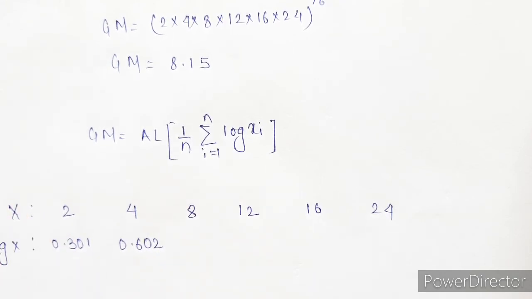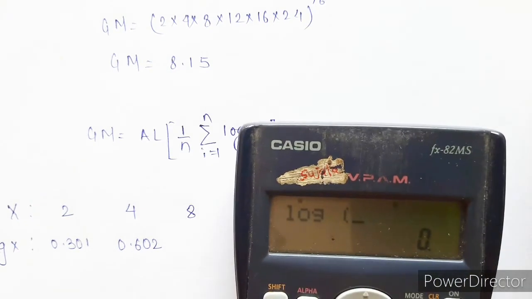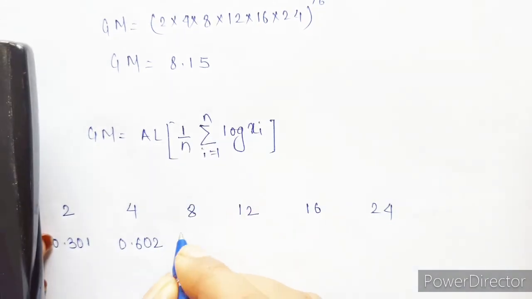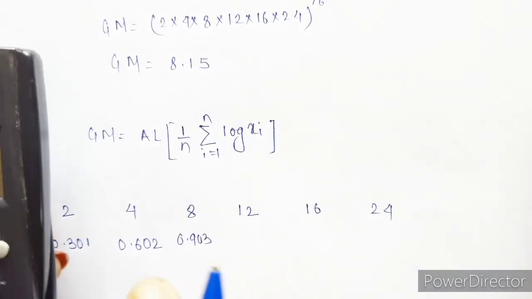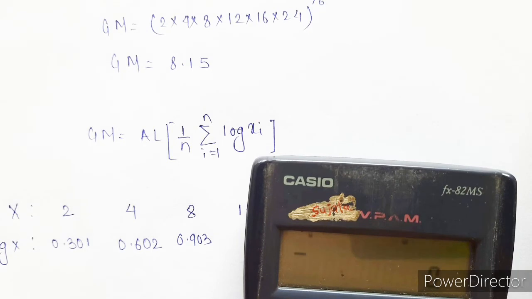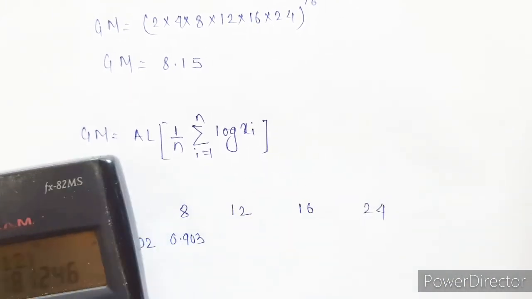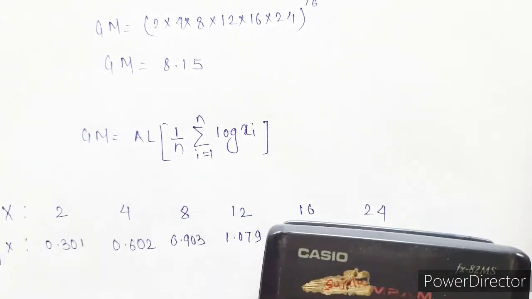Next, log of 8 is 0.903. Next is log of 12, which is 1.079.